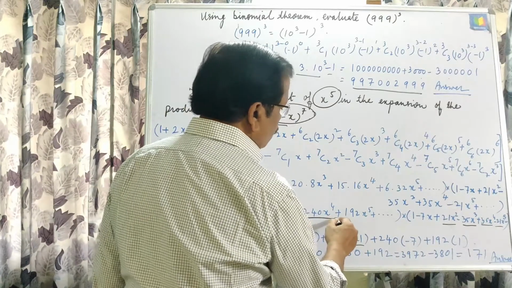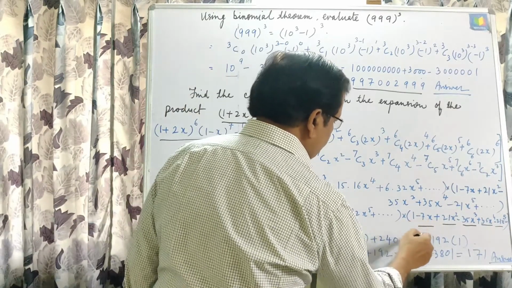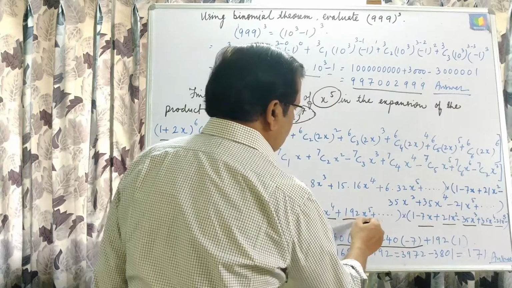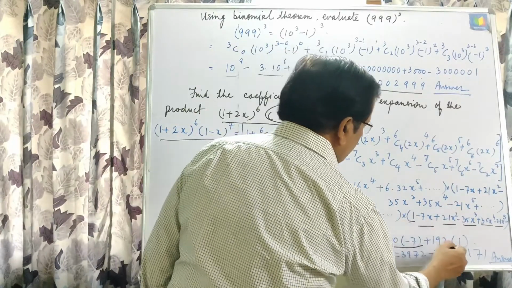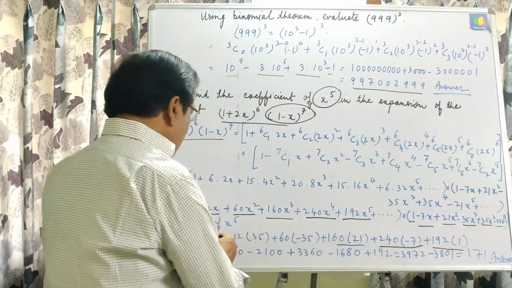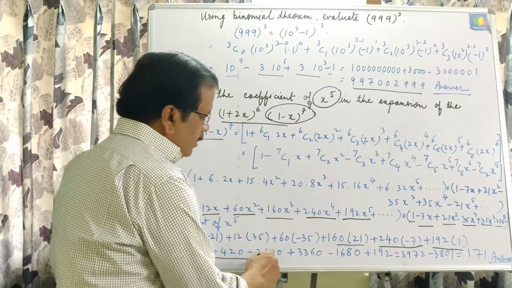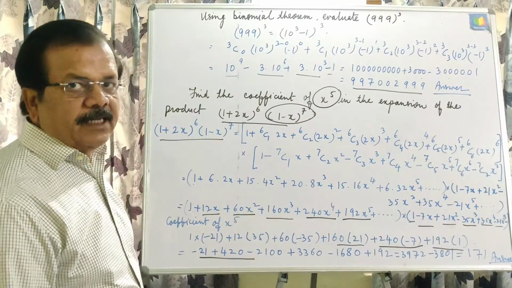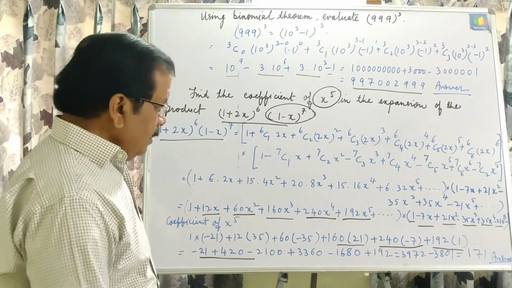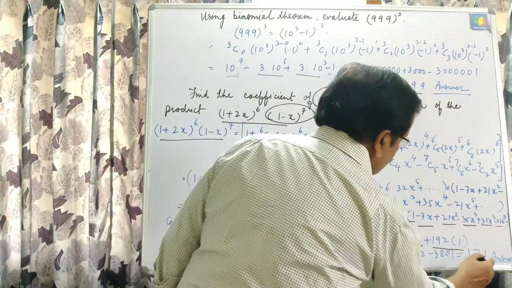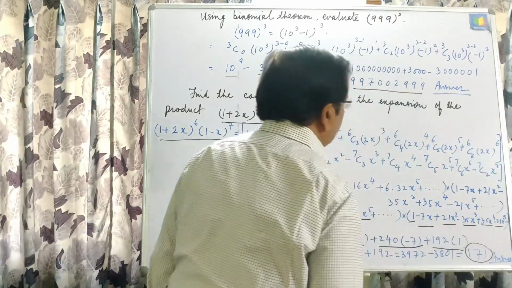Then 240 multiplied by minus 7 to get this, and 192 multiplied by 1. This way, after multiplication and then adding and subtracting the same sign, we are getting 171, which is the correct answer.